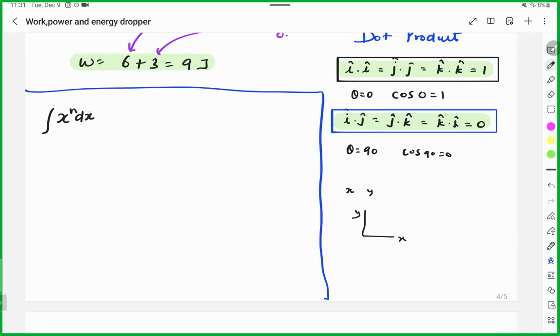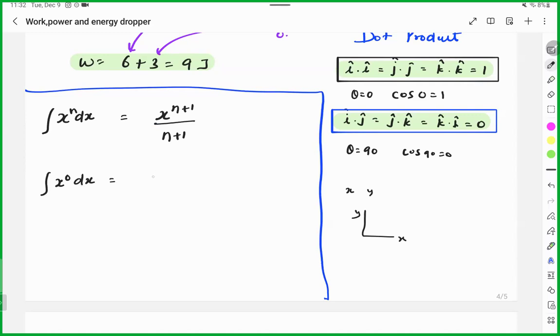If you have power n, then the integration will be x to the n plus 1 divided by n plus 1, right? This is the rule.